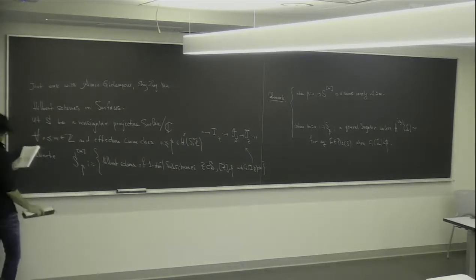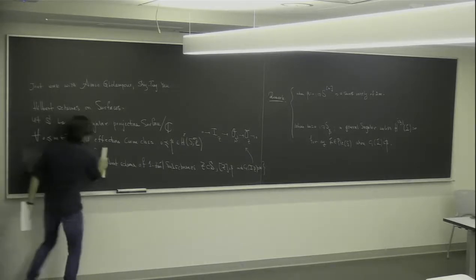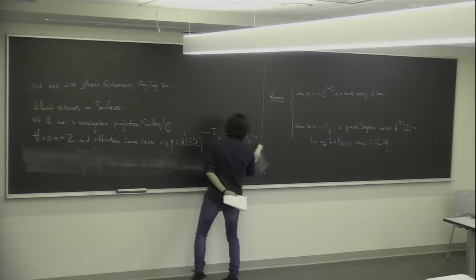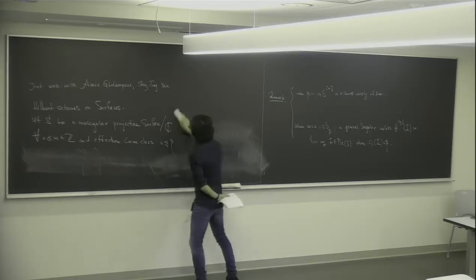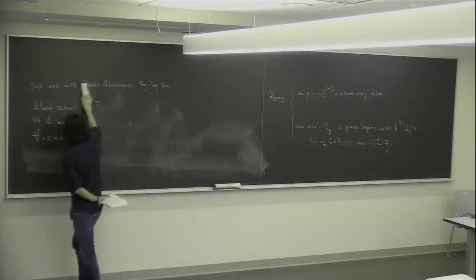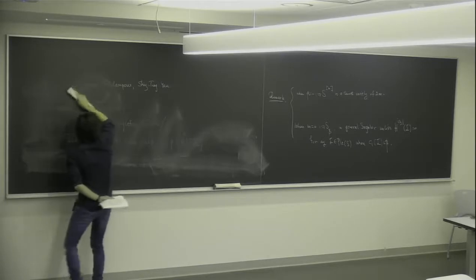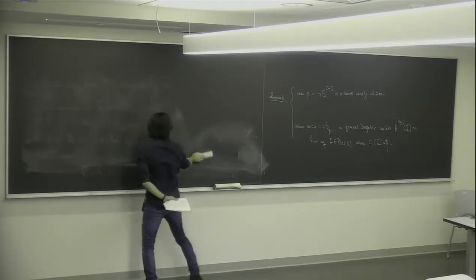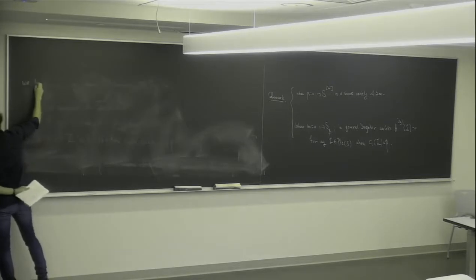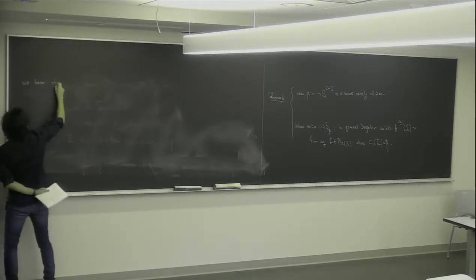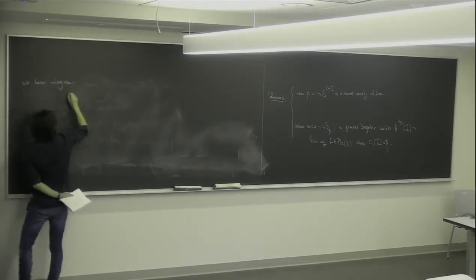Okay, so these are the definitions of the Hilbert scheme of curves and points. Then maybe some further properties. We have a diagram in the following way.